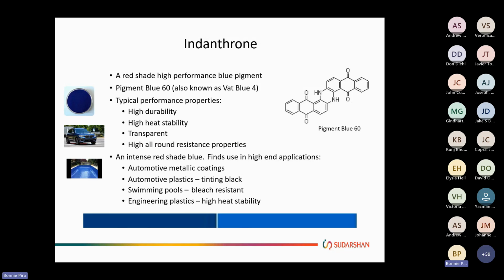Because of its high durability, high heat stability, and resistance properties, it finds itself in higher tech application areas like automotive coatings and plastics, and engineering plastics because of that high heat stability. It also brings with it bleach resistance, so it shows up in coatings for swimming pools.